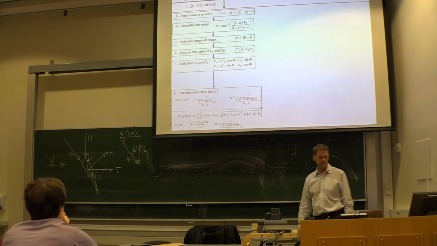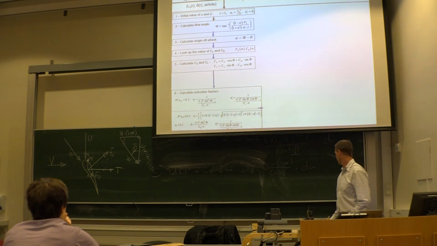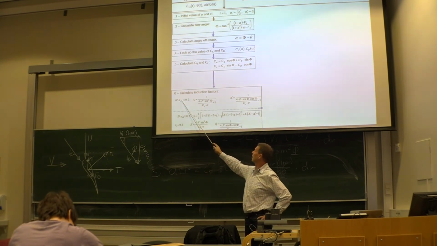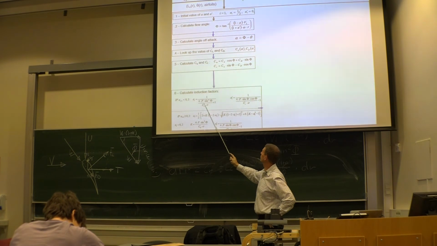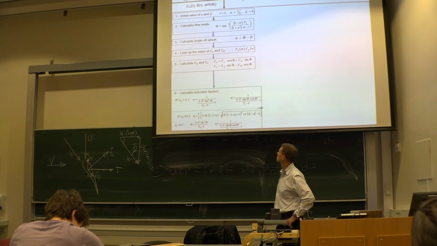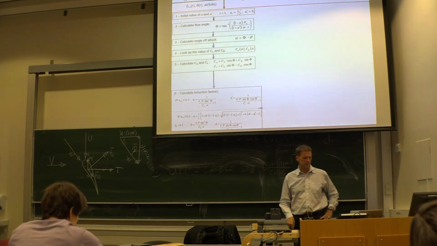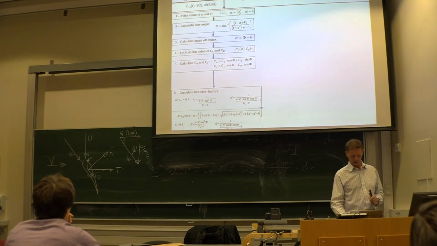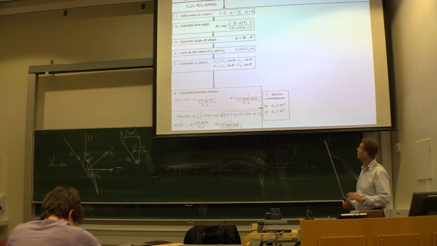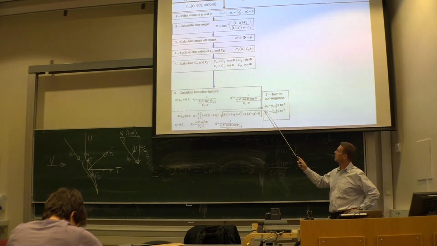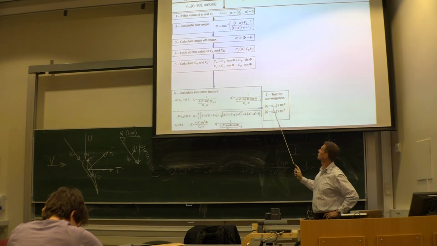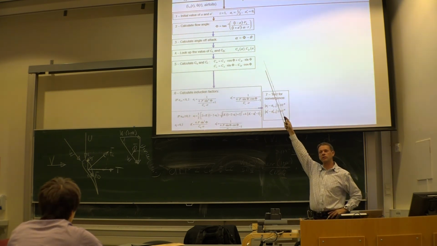We have two different equations for different areas. If the induction factor is less than 0.2, then you go for this equation. If it is higher than 0.2, then you go for that equation. So we calculate a and a prime. And then you test, is the calculated induction factor close to the ones you actually started with?